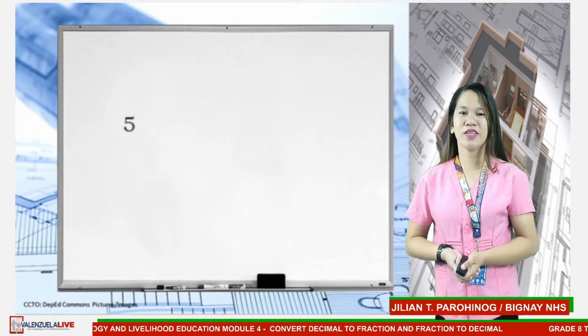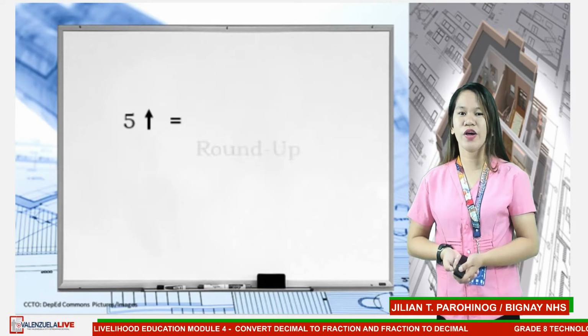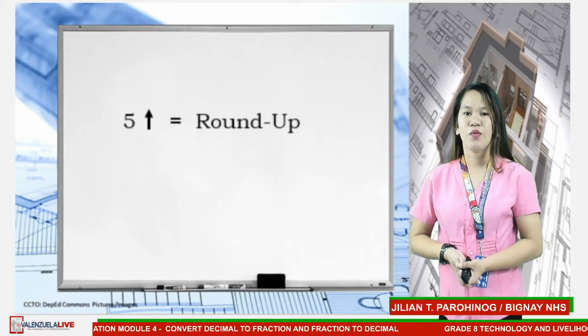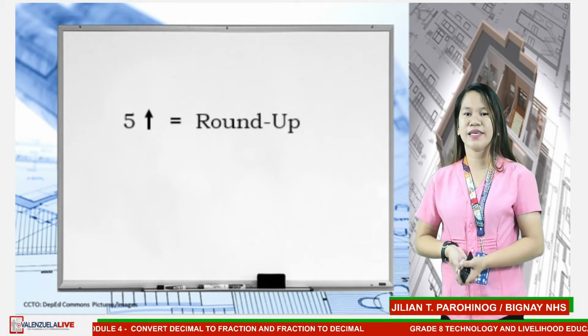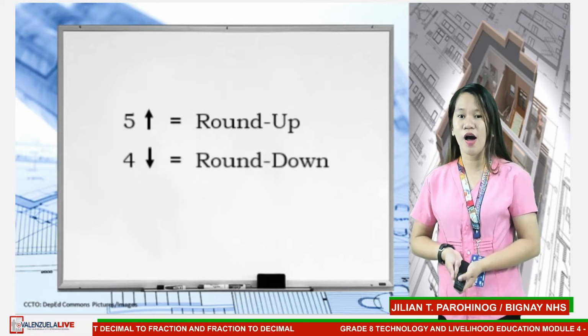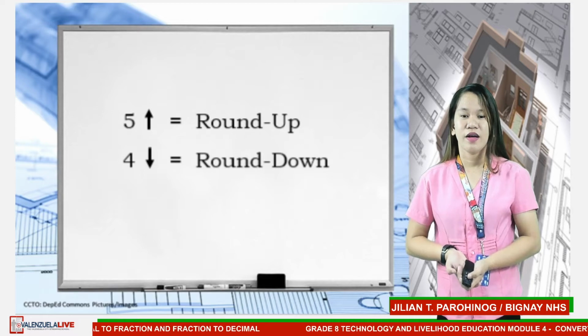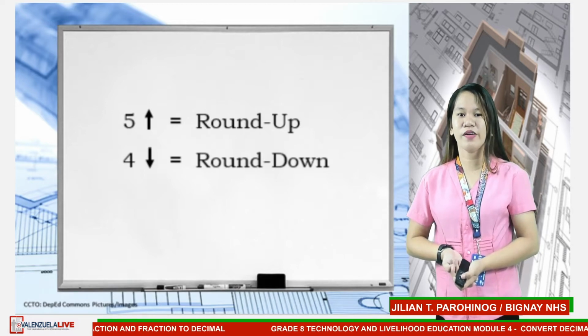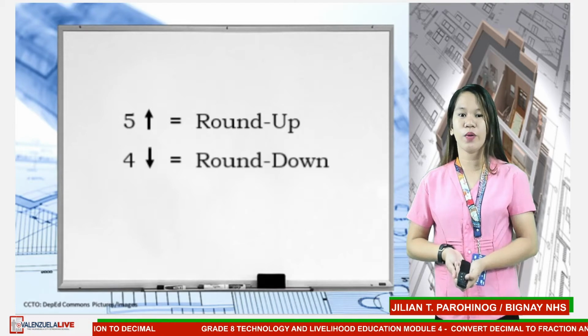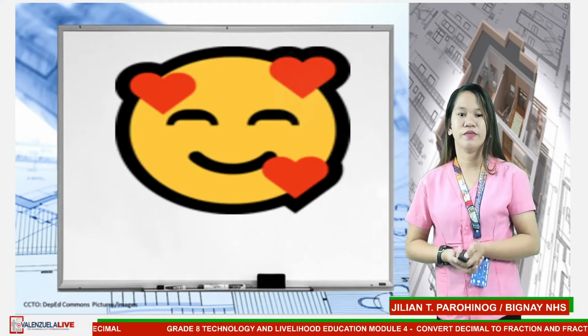In rounding decimal numbers, we are rounding them on a certain decimal point given. When the number that you are rounding is 5 and above, it is called round up. But when we are rounding numbers from 4 and below, that is what we call round down.